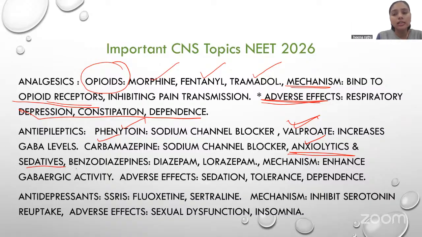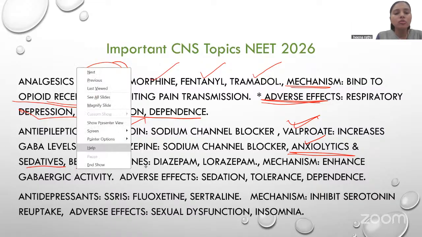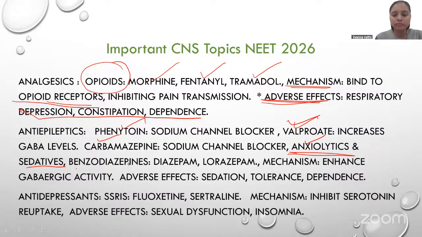In the sedatives and hypnotics, the benzodiazepines are very important, like lorazepam and diazepam. And in the antidepressants, the SSRI group, selective serotonin reuptake inhibitors, are very important. In this class, the important drugs are fluoxetine and sertraline.